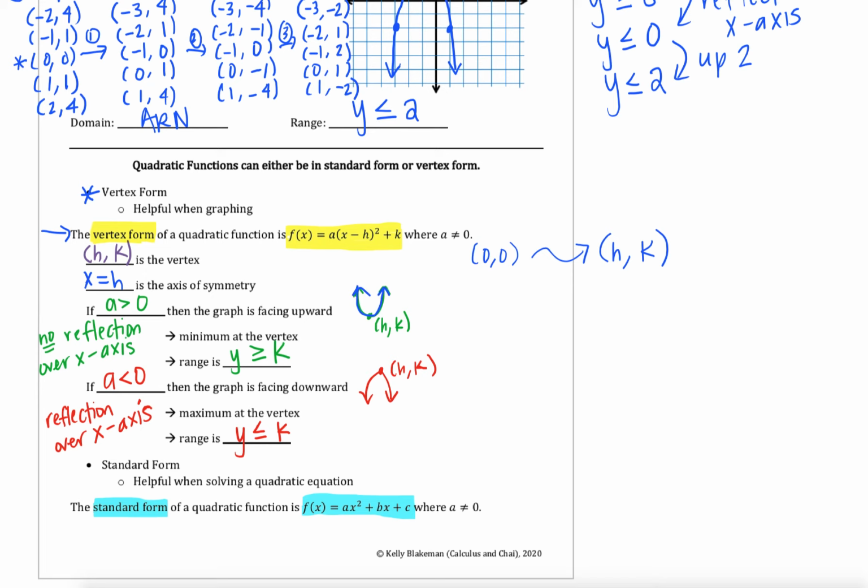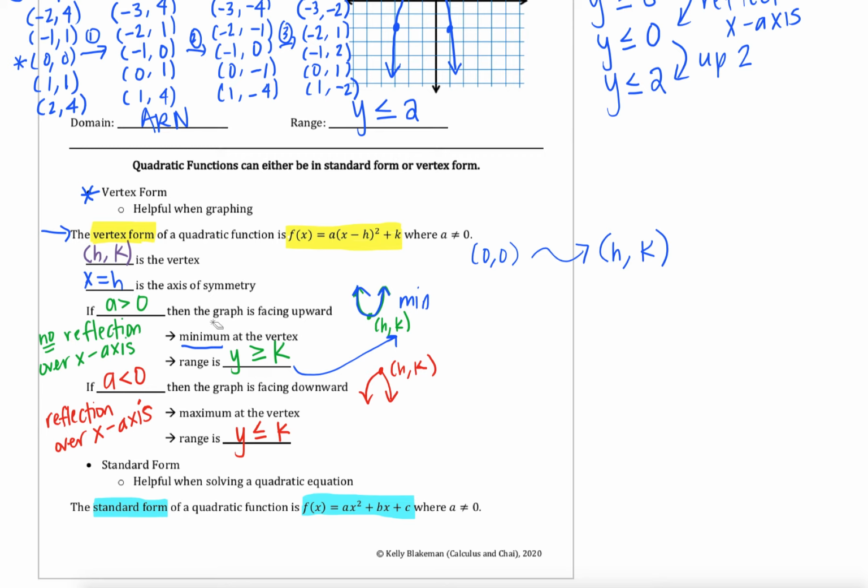Our vertex then is going to be a minimum since it's at the bottom of this graph here. It's the lowest point. That also tells us that our range is going to be y is greater than or equal to k. Since our vertex is a minimum, everything's above it, so we have greater than or equal to. And then the k is coming from the vertex itself, since that is the y coordinate of our vertex.